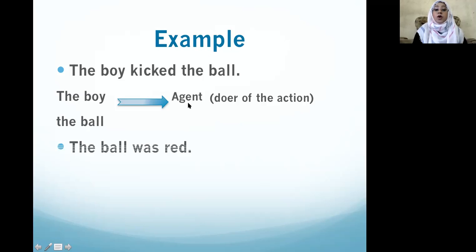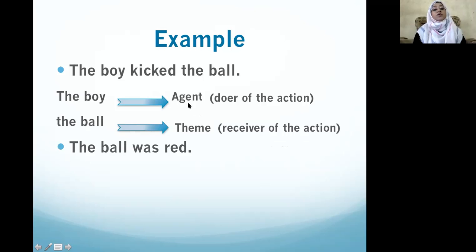Now the ball is what? The ball is receiving the action, so we call it theme. The ball is affected by the action, so we call it theme. Okay, I gave the definition of theme: I said that theme can be something which is only being explained, only being described. It's not performing the action.